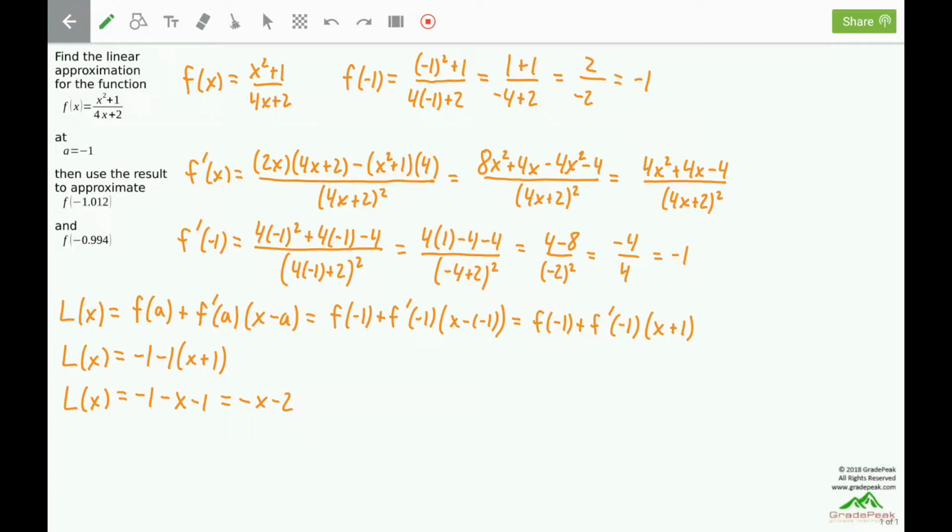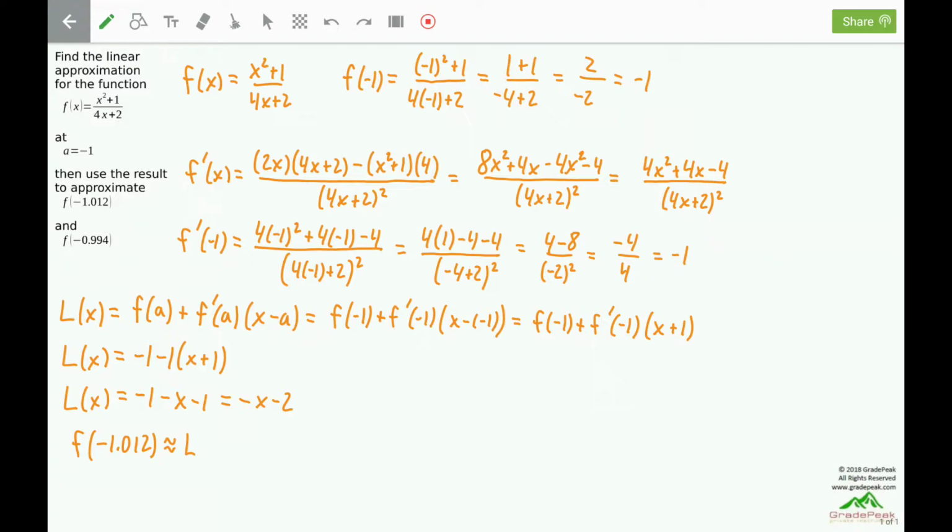The next thing to do is to approximate f of negative 1.012. The linearization, or the linear approximation, can be used to approximate f at any values that are near a.